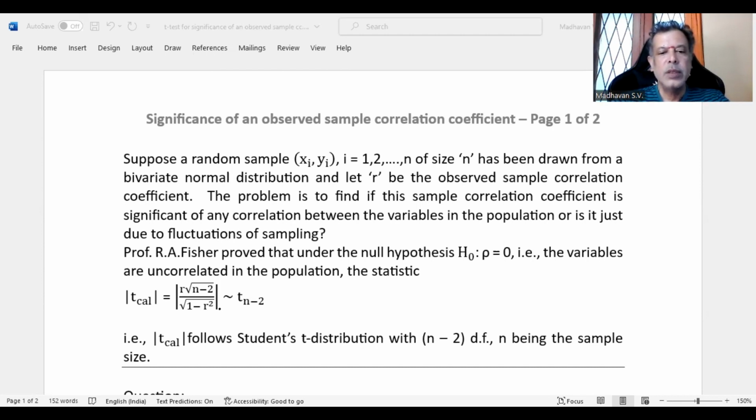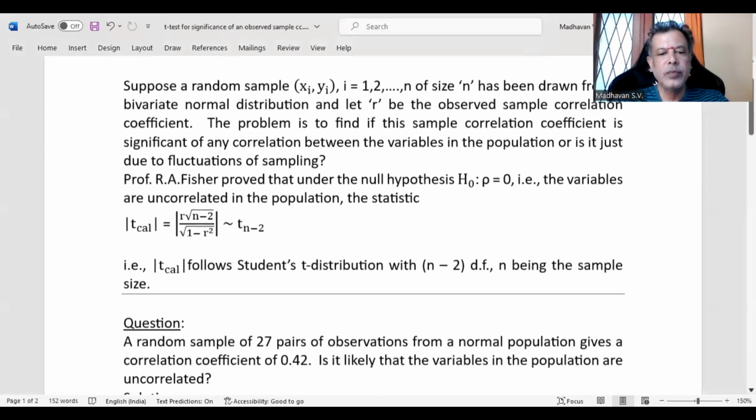That follows the student's t distribution with n minus 2 degrees of freedom, n being the sample size. Let us understand this with a numerical example.